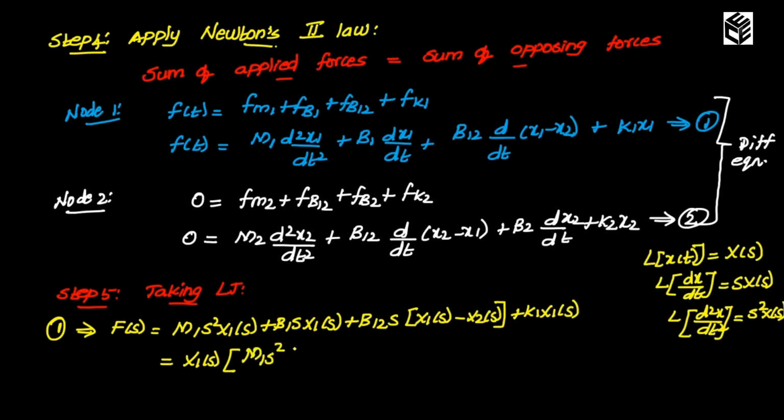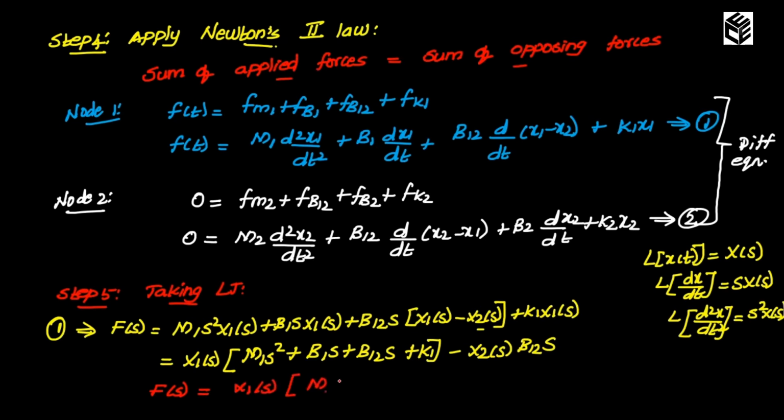Therefore, my answer is m1 s square plus b1 s plus b12 s plus k1 minus, I am having an x2 of s term. So, x2 of s into b12 s. So, I am going to write the expression for f of s as x1 of s into m1 s square plus, I am taking s as a common factor outside.